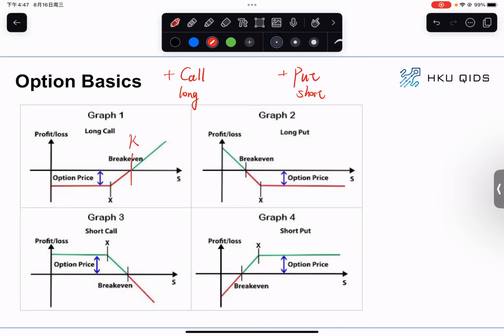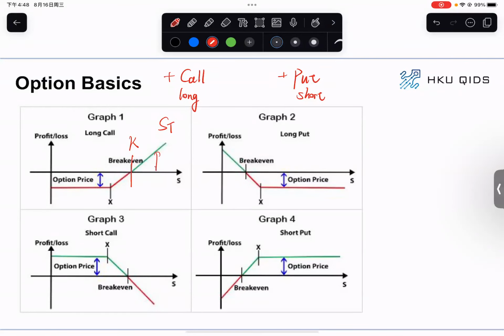If the stock price ST at maturity is larger than K, then I'm going to earn this amount of money. This is my profit. But if it is smaller, I can choose to not execute it, and I only need to pay the option price, which is the cost for me to hold this right.